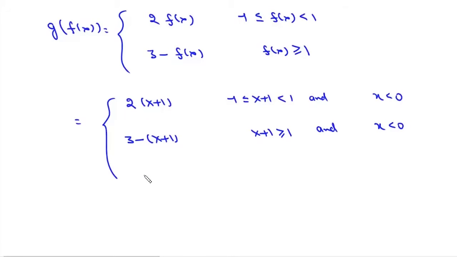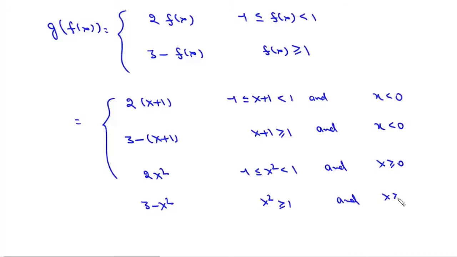Now the next definition is x square, so it will be 2x square when x square lies between minus 1 and 1 and x is greater than or equal to 0, and then it will be 3 minus x square when x square is greater than or equal to 1 and x is greater than or equal to 0. Now we'll solve these conditions. This is minus 2 less than or equal to x less than 0, and this is x less than 0, so the intersection of these two conditions is this interval.